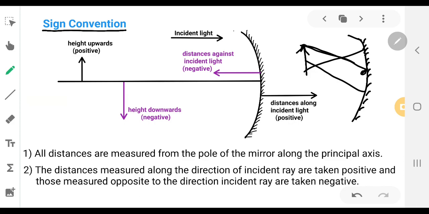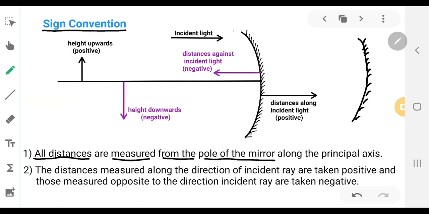For that reason we follow the sign convention. According to this sign convention, the first point is: all distances are measured from the pole of the mirror.